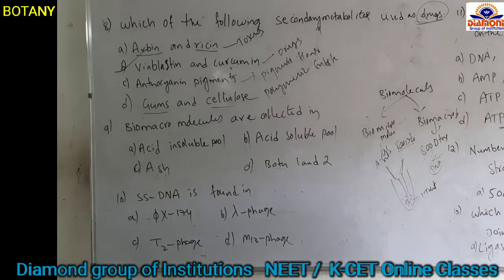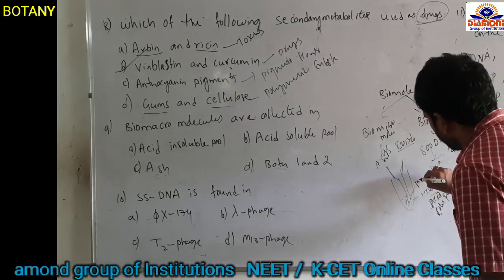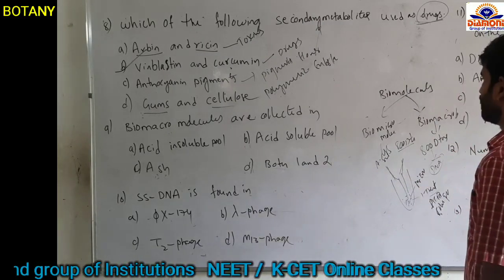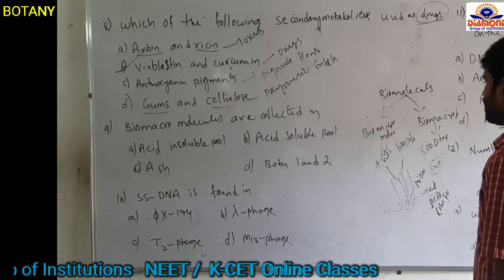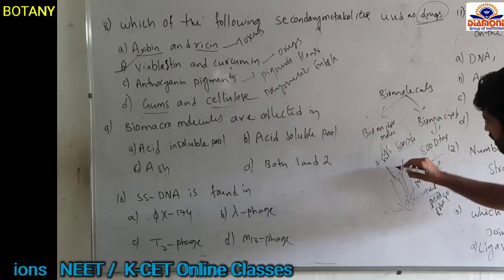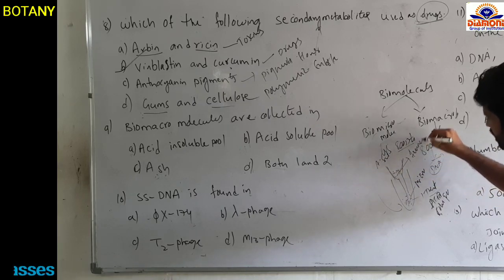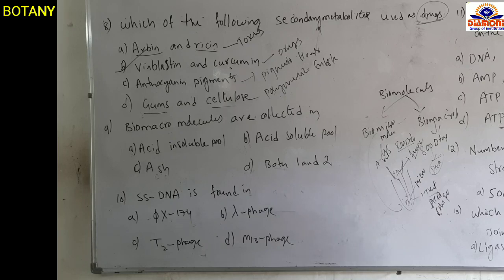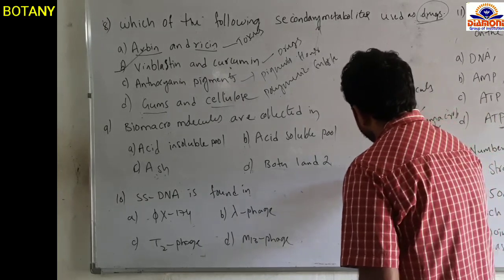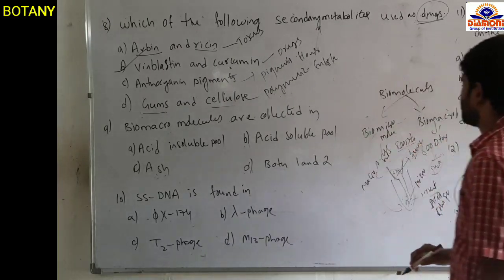This is called the acid soluble fraction, where we get the biomicromolecules. Some of the biomolecules remain in the funnel only. Such molecules we call macromolecules, and they have more than 800 Daltons.